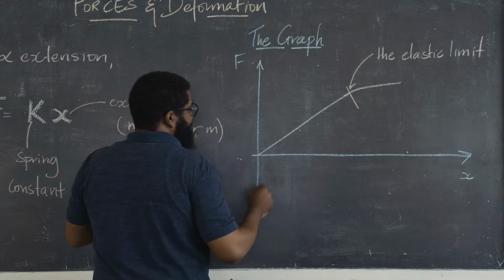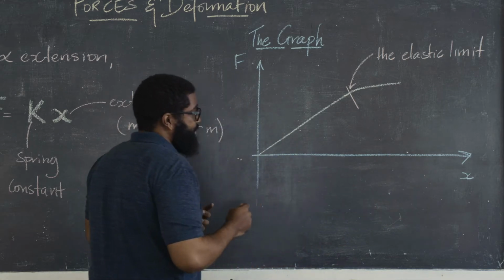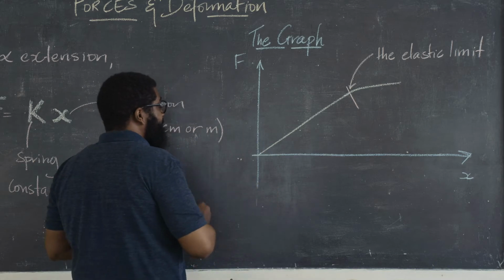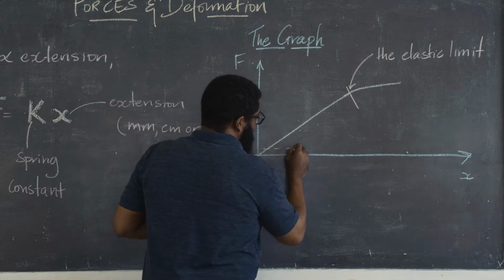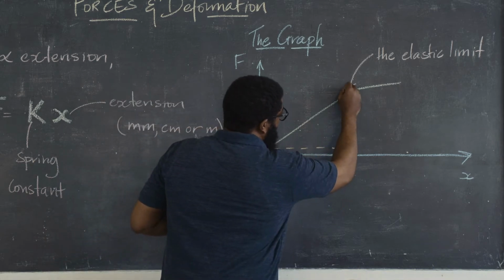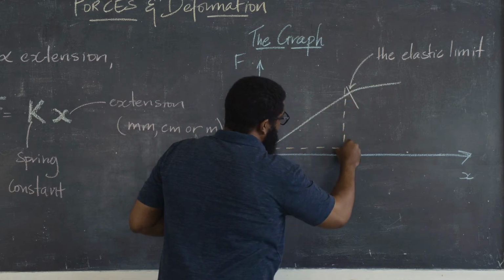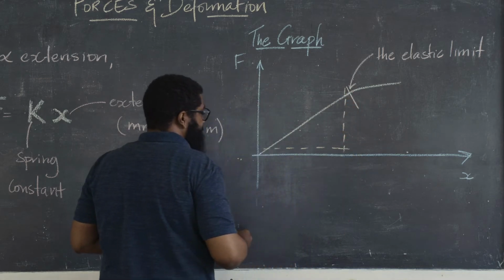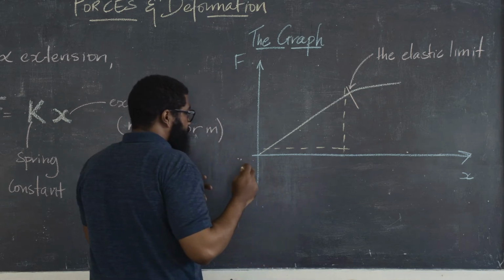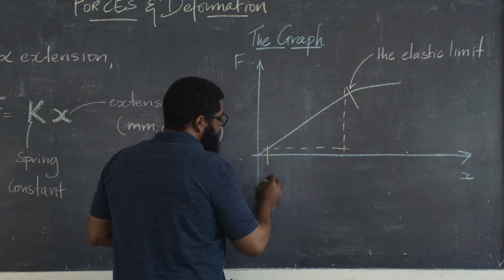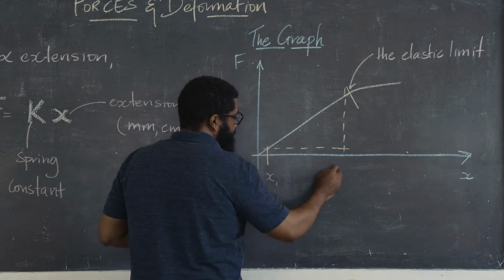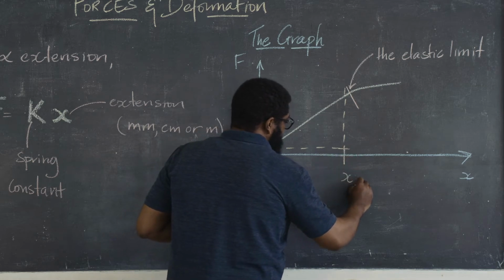So let's find the gradient of this graph. The method recommended by CSEC is that you mark off a fairly large triangle. Now, this triangle gives you 4 points. It gives you x1 and x2.